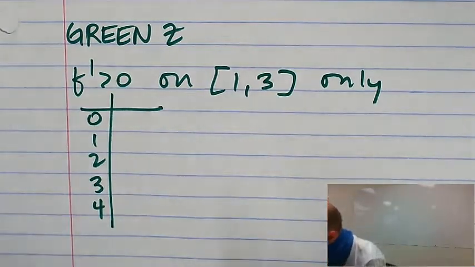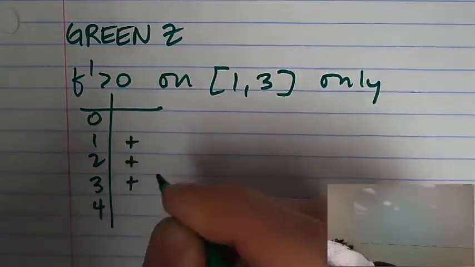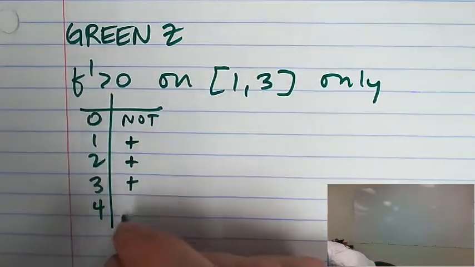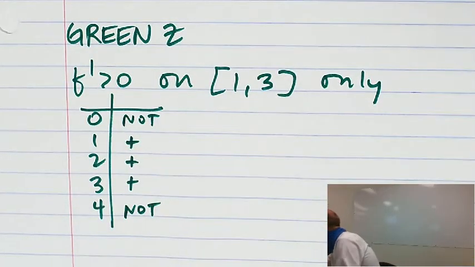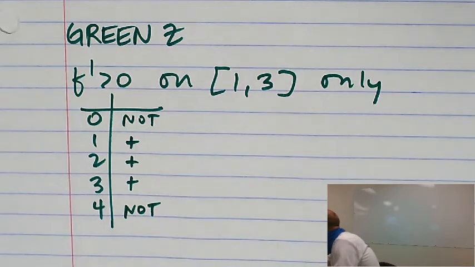All right, so we're just looking for positive, positive, positive, not positive, not positive. I think that is the case. No, there's one. Because this one is tricky.